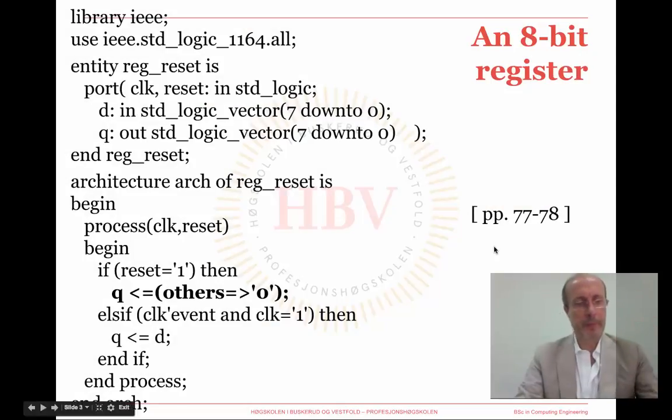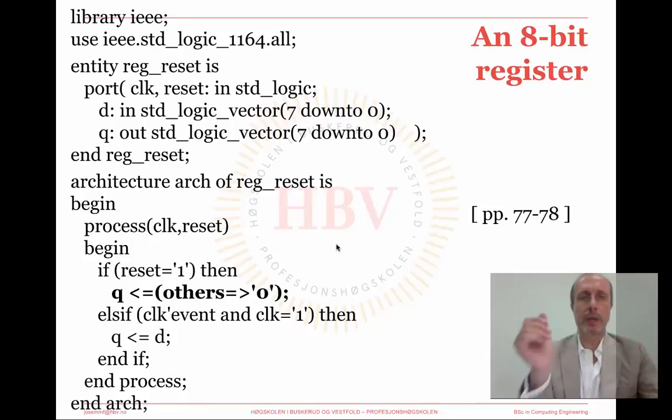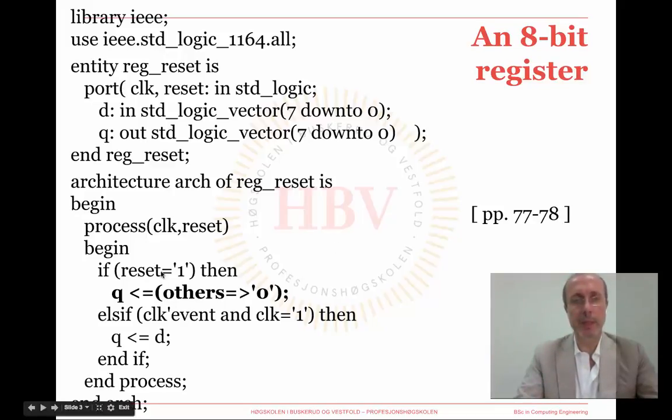So we will start by looking at the VHDL code for an 8-bit register, which is shown in this slide. In this case, what we are looking at is just a description of a collection of 8 D-type flip-flops that are controlled by the same reset and clock signals. You may still remember the VHDL description that was presented earlier for the D-type flip-flop, or take a look at it if you don't.